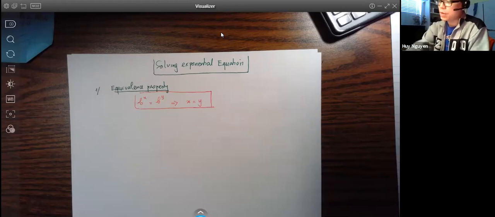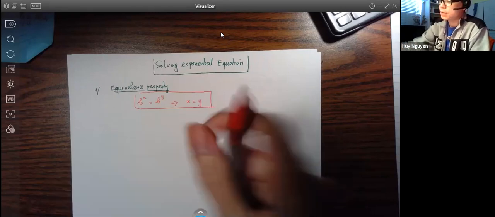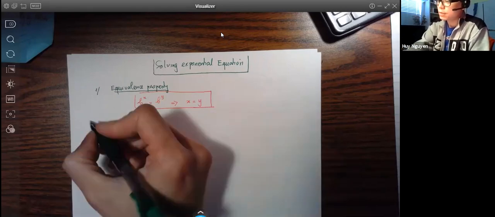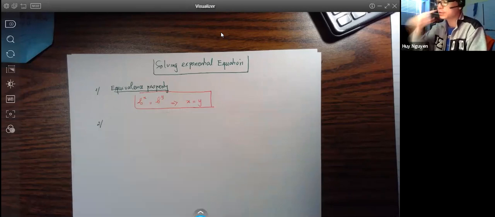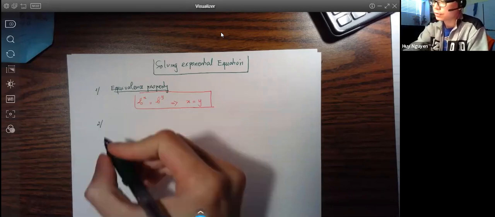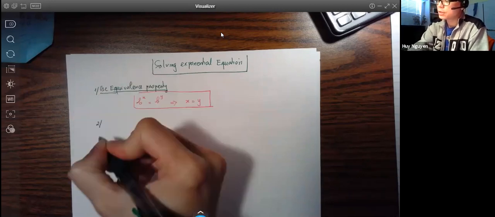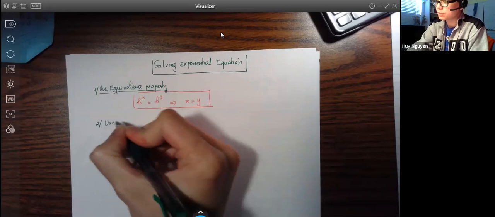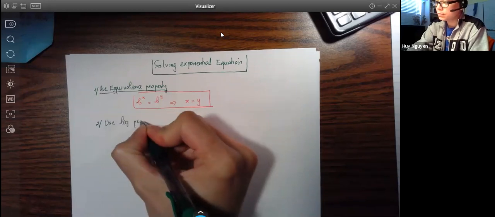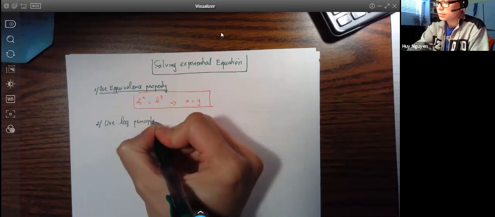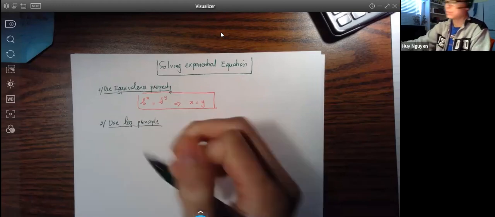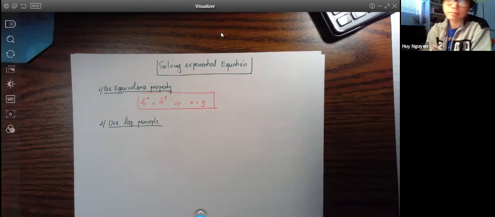The second method of solving exponential equations is to use the log principle. We talked about the log principle last week. Anyone remember what it looked like?